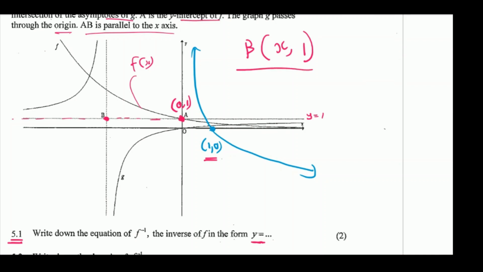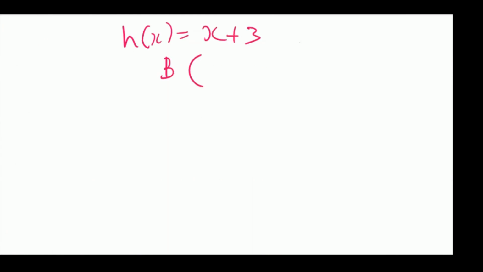So it's going to be simpler now for us to find the x value of B. Having h of x equal to x plus 3, and B being (x, 1), we substitute this y value into h of x.